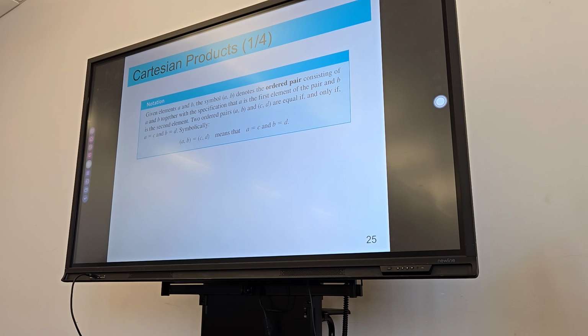Two ordered pairs (A, B) and (C, D) are equal if and only if A equals C and B equals D. This is more like an array in C++. The elements of an array are ordered. These are talking about pairs, but the principle still is the same. The order matters.